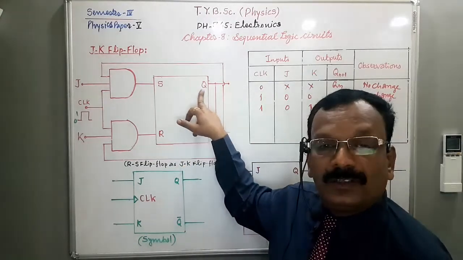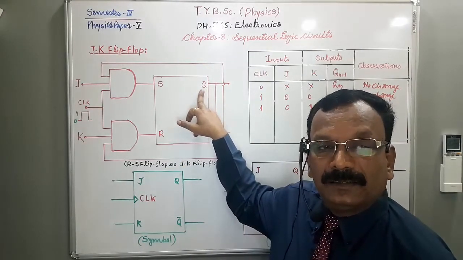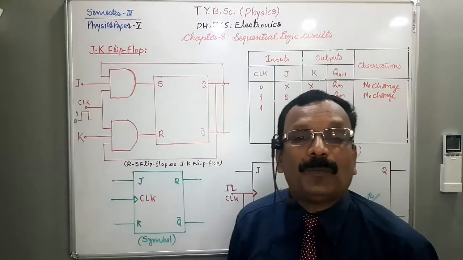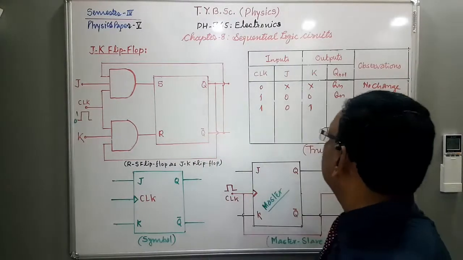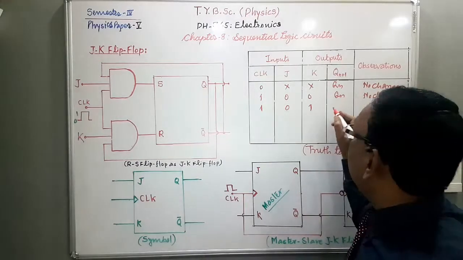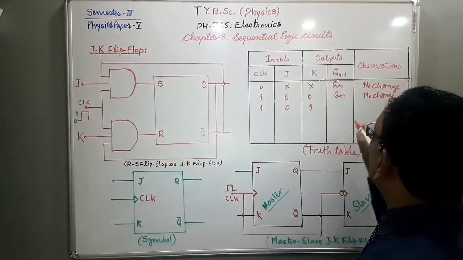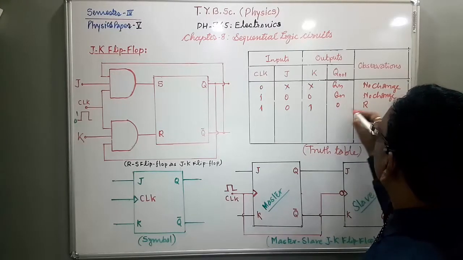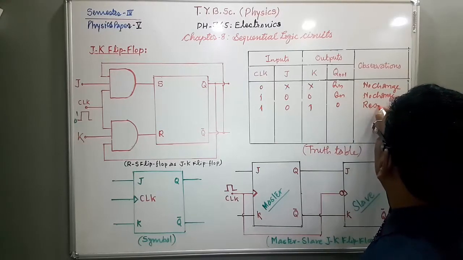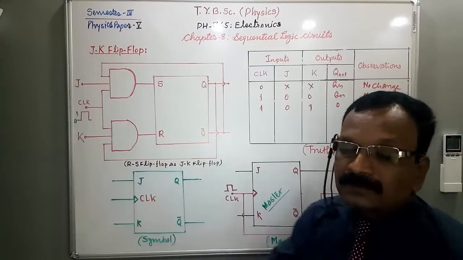And when this is 0, we can say that the JK flip-flop is reset. So Q is equal to 0 and the JK flip-flop is reset.